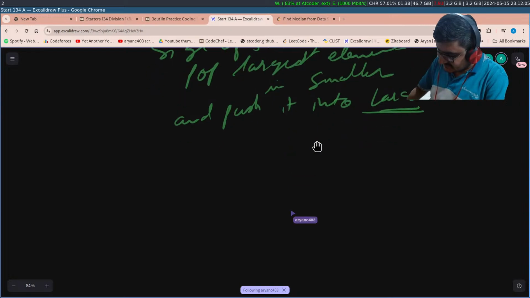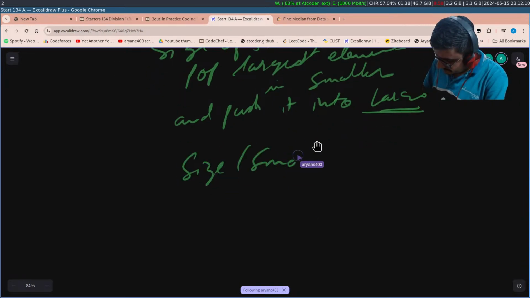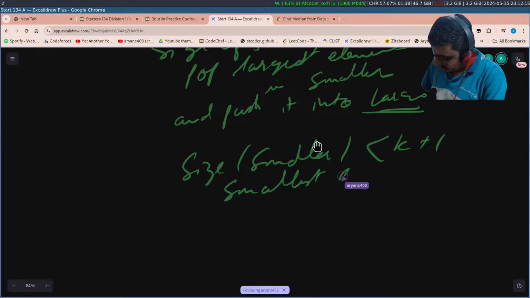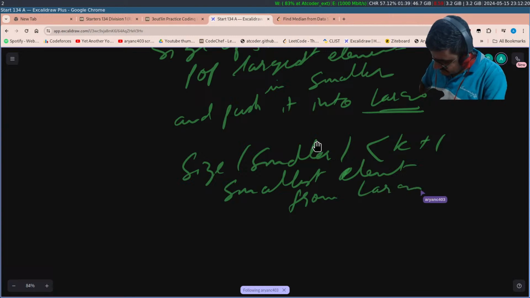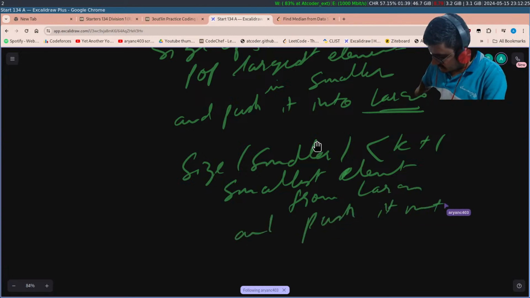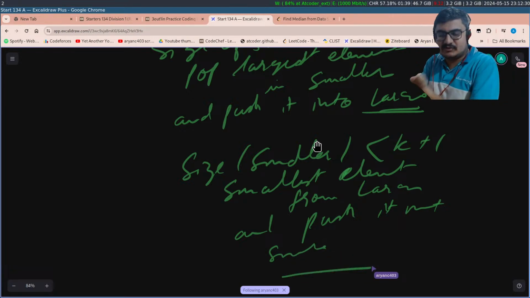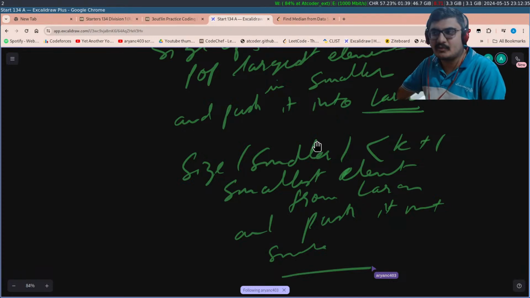The case can either be that the size of larger is less than K plus 1. In that case, we take the smallest element from larger and push it into the smaller set. So the idea is, first we put elements so that the sets remain sorted, and now we move the boundary elements to make whatever required size we have.